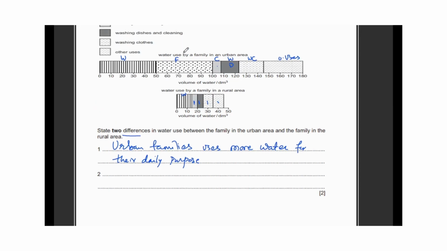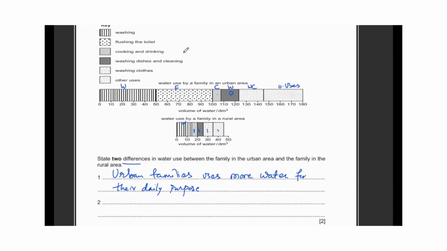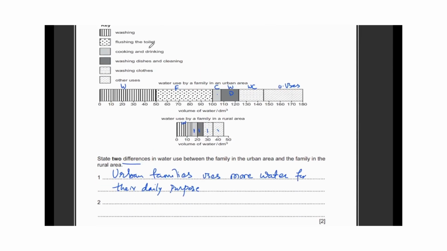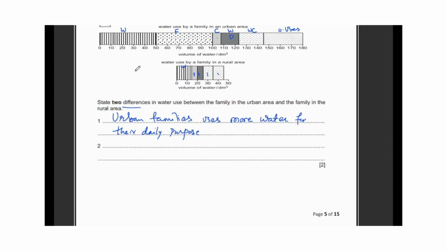What's one more difference that we can do? We have so many here. For washing, cooking and drinking itself, we can use washing dishes and cleaning, or washing clothes. Okay, so we'll use this one, washing clothes.